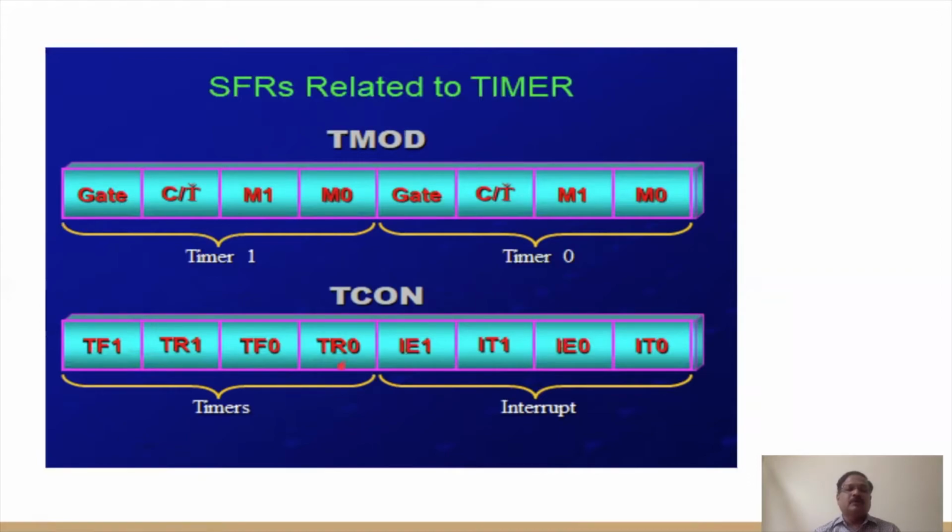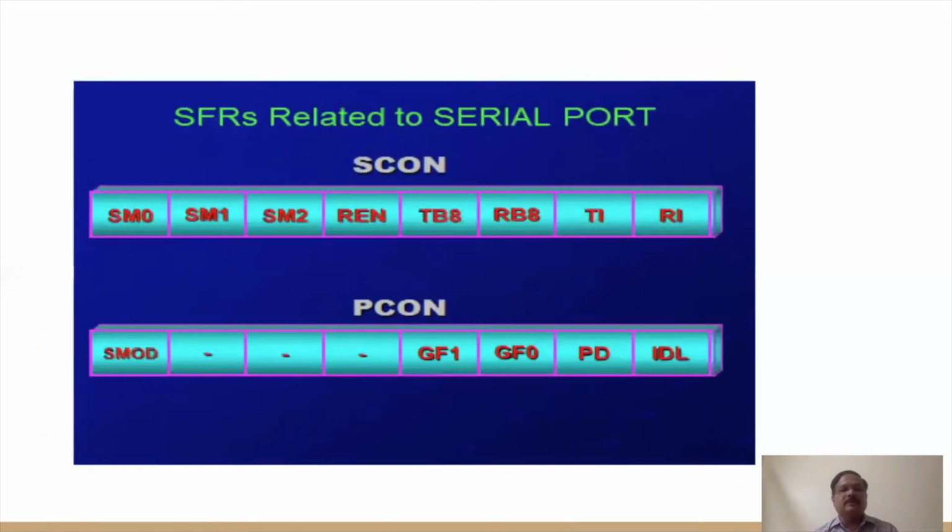And whenever the count rolls over from all ones to all zeros, automatically the overflow flag will be set. So that is the flag bit. Whenever the overflow occurs, the TF bit will be set. That is the use of the TCON register: we issue the start command, and after finishing the count, the corresponding flag bit is set.